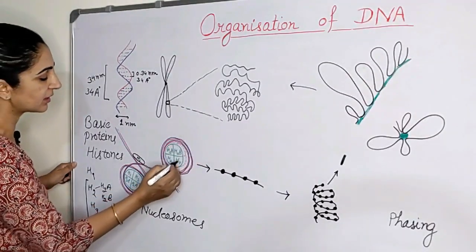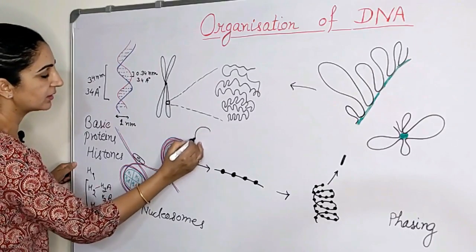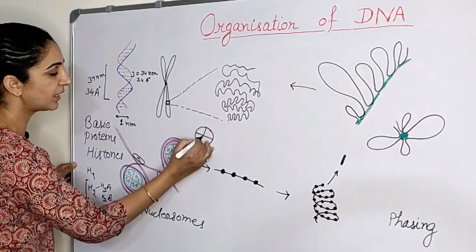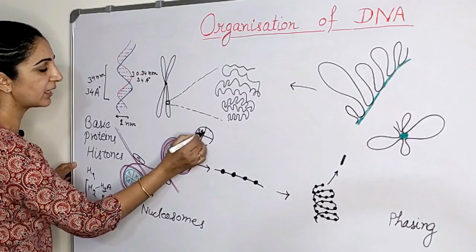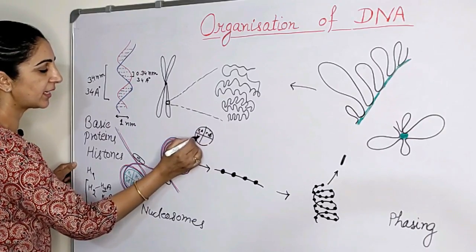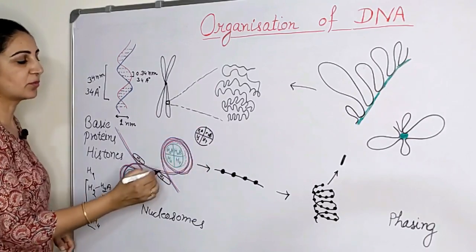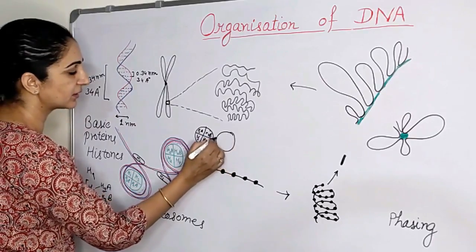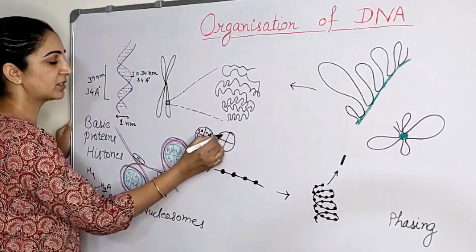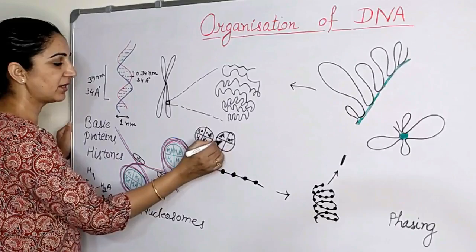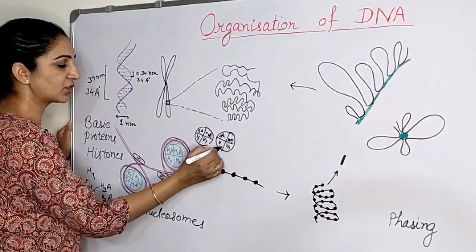Now 2 such tetramers get together. This is one tetramer made up of H2A, H2B, H3 and H4. Suppose this is one more tetramer, also made up of H2A, H2B, H3 and H4.